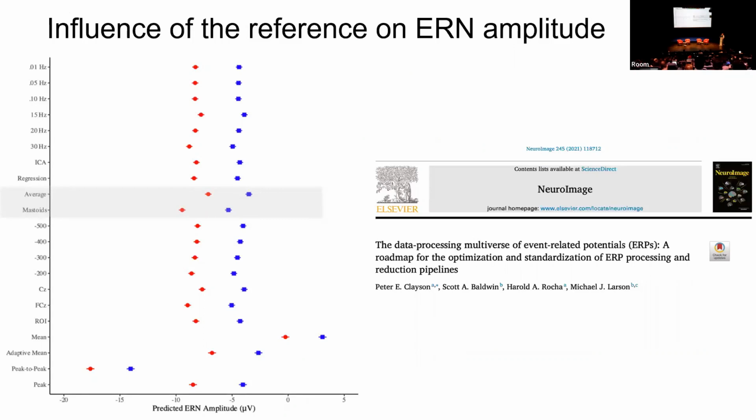This paper also tested different preprocessing parameters, and they checked average reference and mastoids for the error-related negativity in the flanker task. They showed, in this gray area, that the ERP amplitude for the average reference is a little bit smaller than for the mastoids, because negative would be larger here.